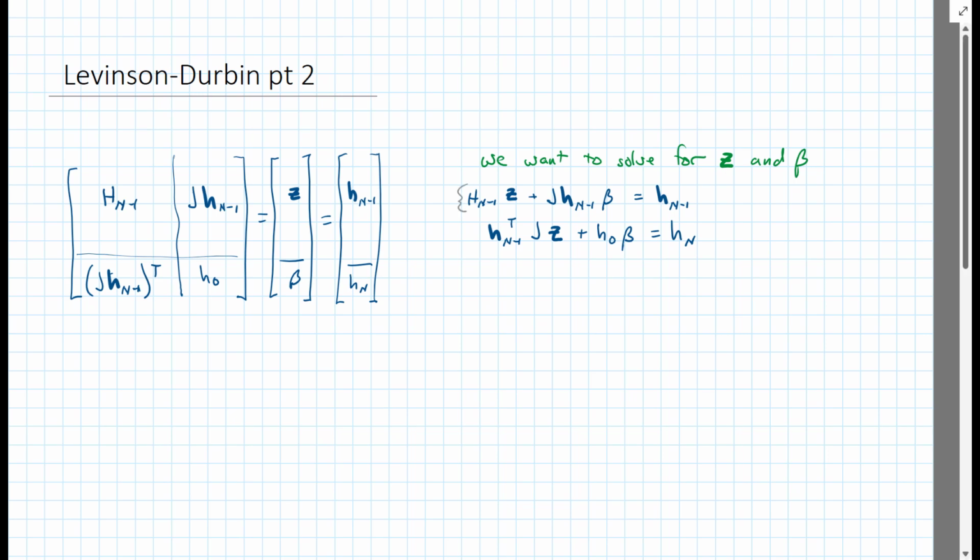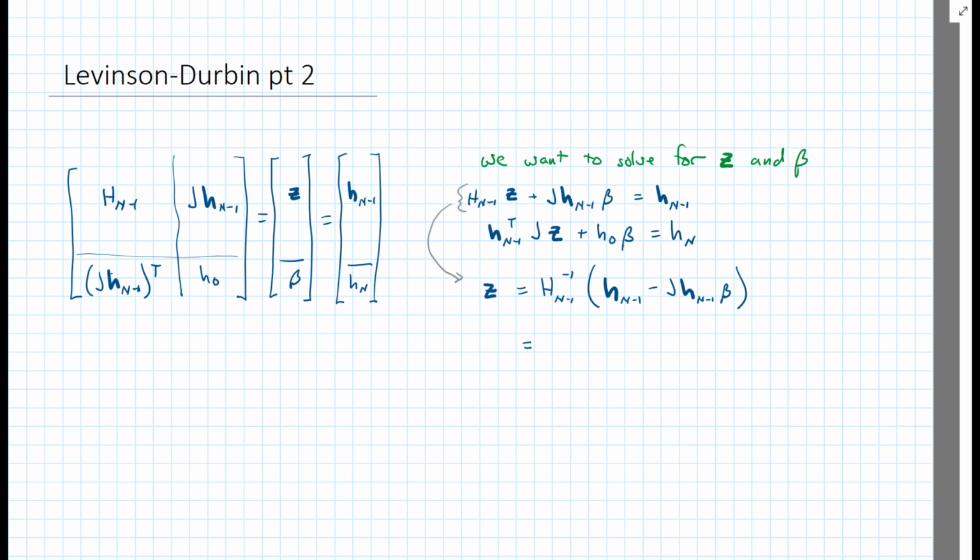So let's take this top equation and solve for z in this one, and we get z is equal to H_{n-1} inverse times h_{n-1} minus J h_{n-1} beta.